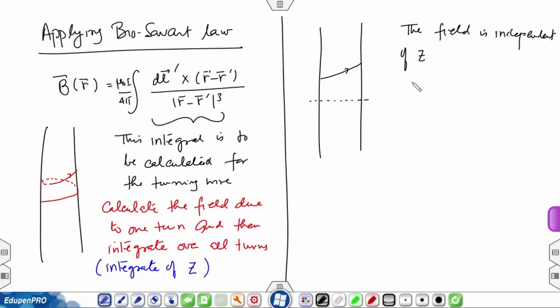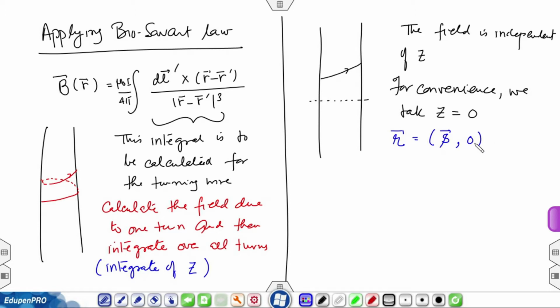So, for convenience, we take z to be 0. So, the r point is equal to some s in cylindrical coordinates, small s, 0, and r prime is going to be some s prime at z prime.